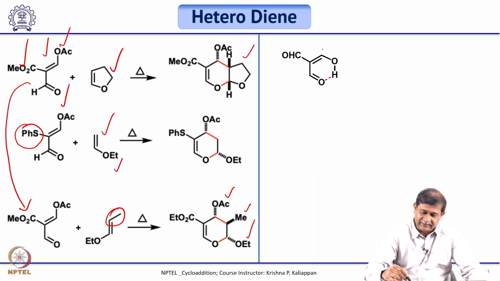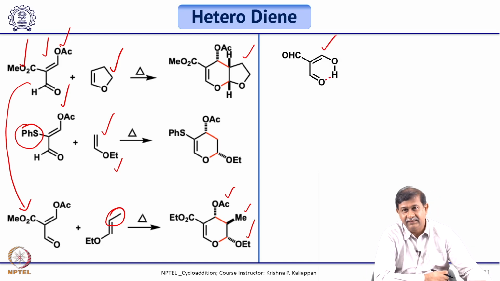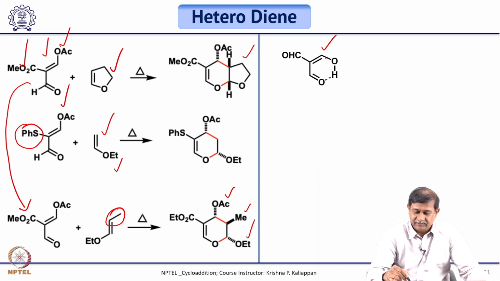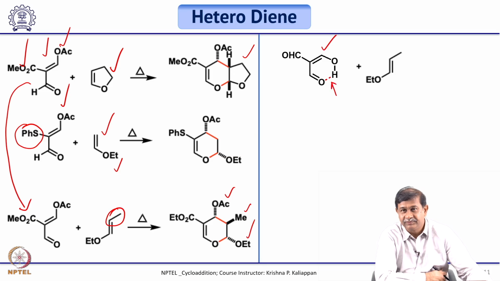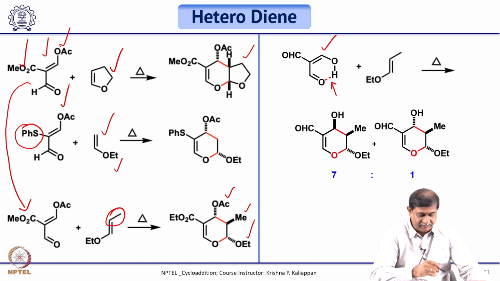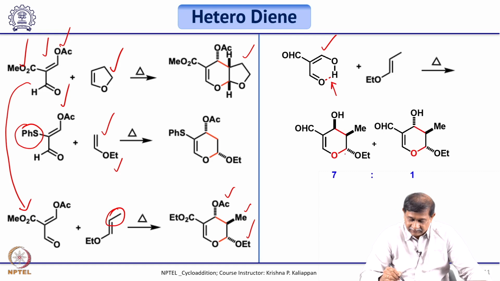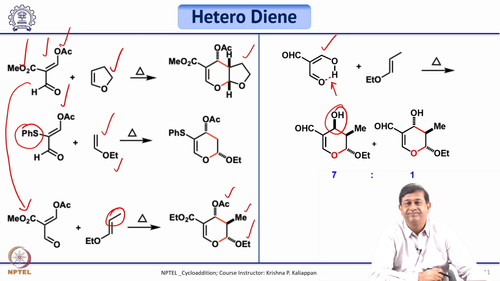So this is another classical example where the hydrogen bonding in the diene determines the regiochemical outcome. So here this OH is having hydrogen bonding with the carbonyl group. Now if you do the Diels-Alder reaction with the same enol ether, then this is the major isomer.